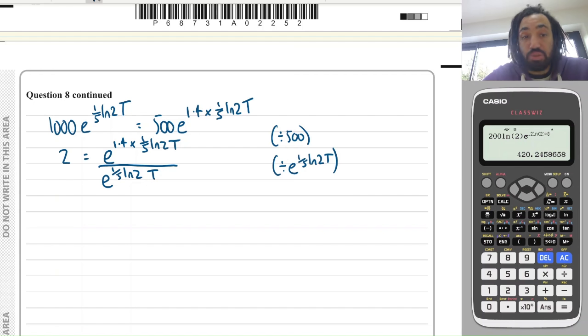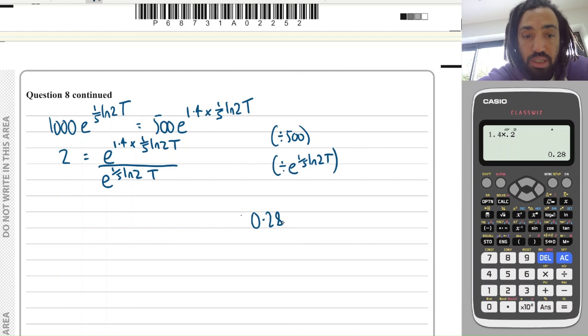So in this case, what we do is we subtract the powers. So we've got 1/5 times 1.4, which is 0.28.